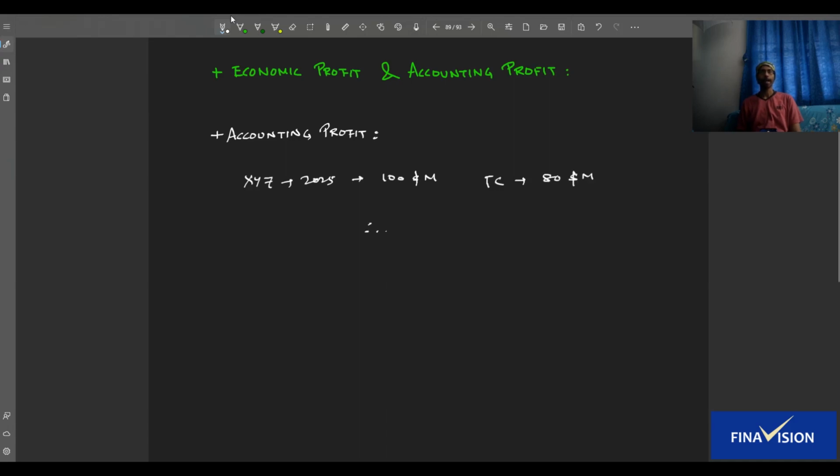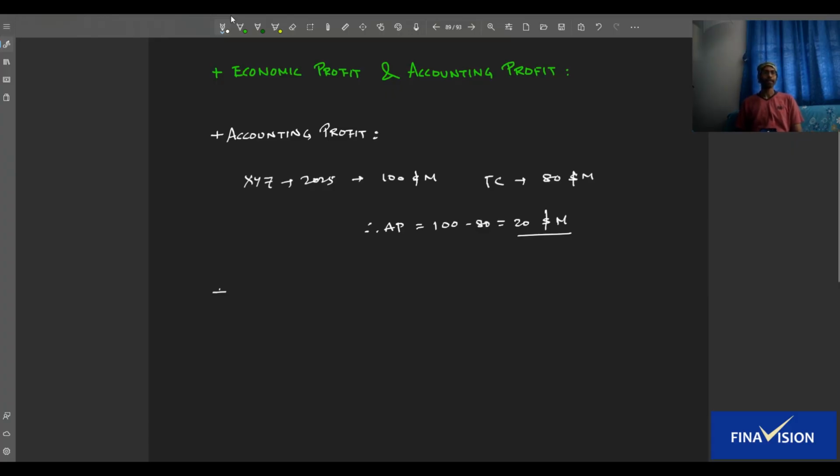Therefore, the accounting profit is equal to simply 100 minus 80, which is $20 million. Right, friends? Now, what is economic profit?